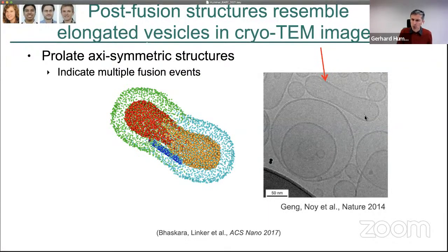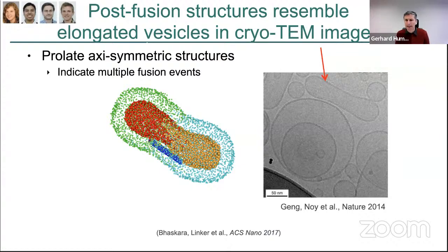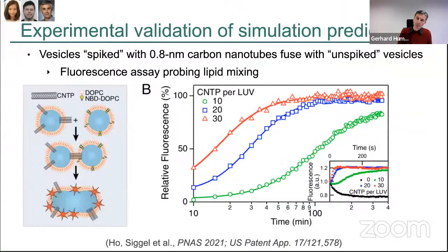And these structures turn out to be abundant in the electron micrographs shown by the Noy et al. paper. So we were quite confident that we were on track to something meaningful here, that our simulations were actually capturing real fusion events that led to these otherwise unexpected elongated structures in the experiment.